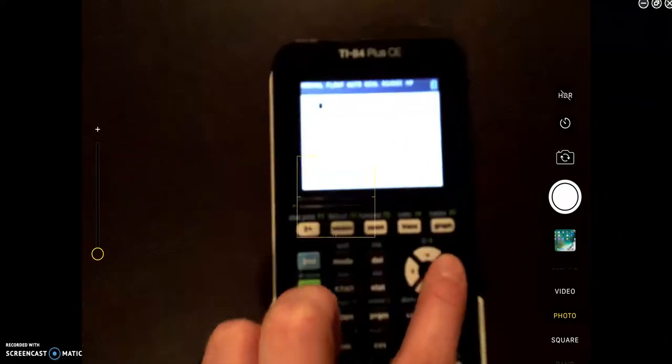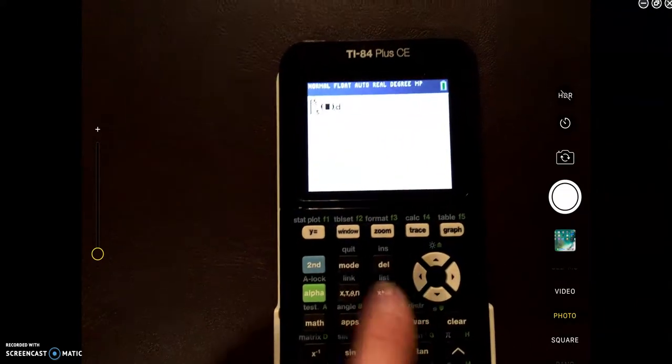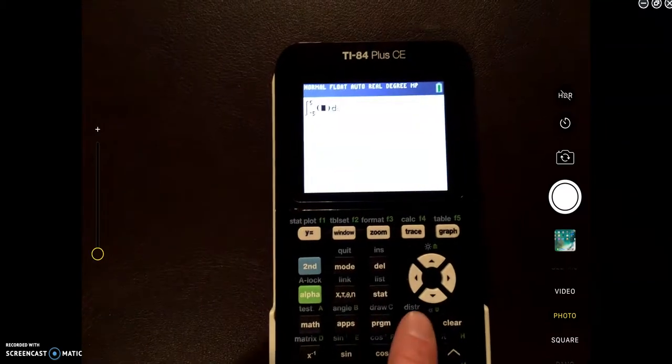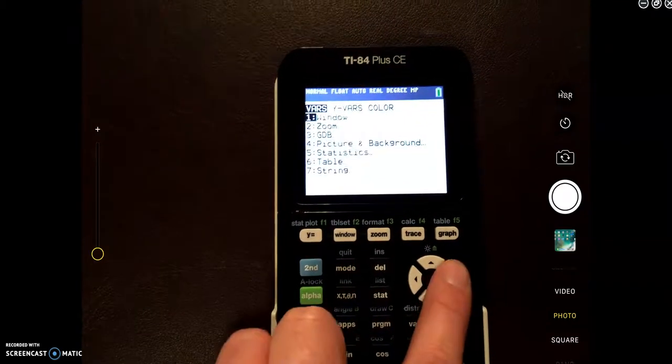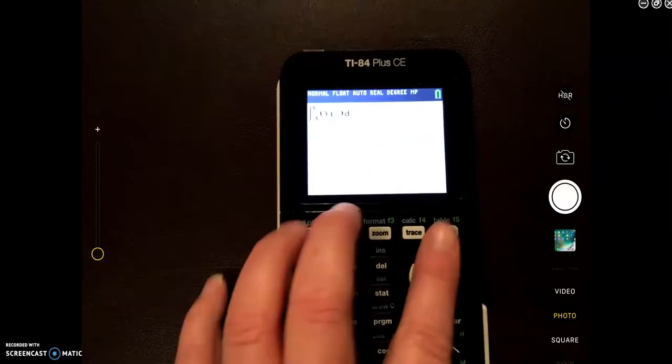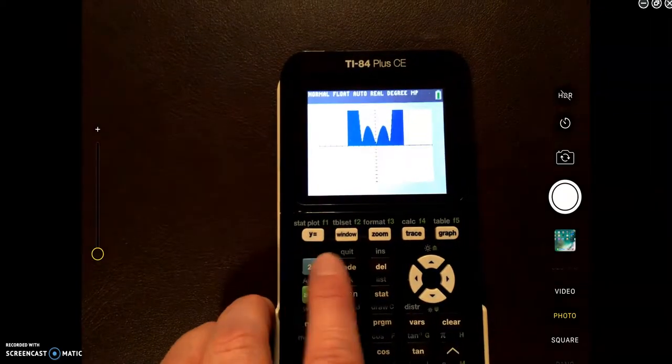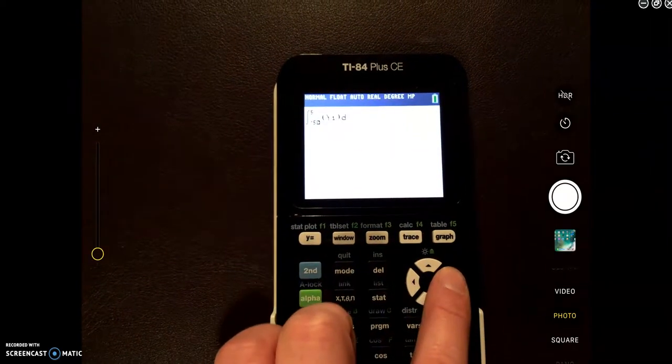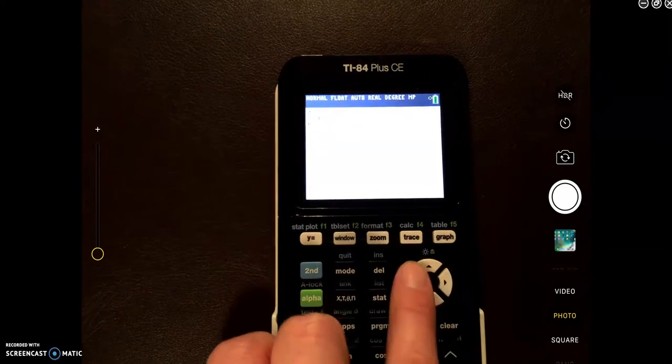So we put the lower bound in, and we put the upper bound in, and then we put the function in. So you could type in absolute value here, or I like to use the vars menu because I already have it in there. So I go over to y vars and function, and I pick function number 1. And then it asks d, that's our differential.